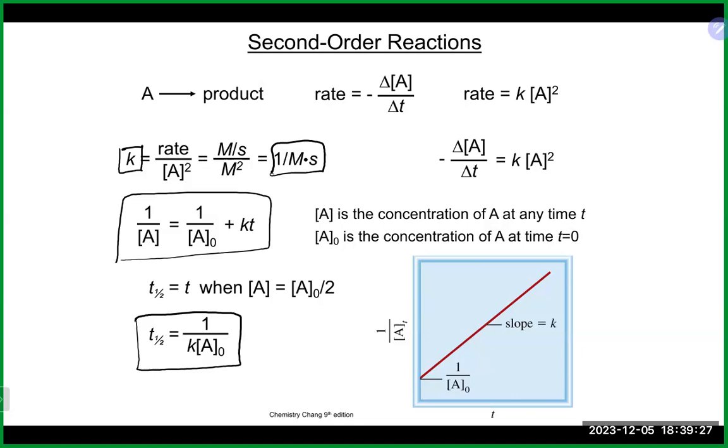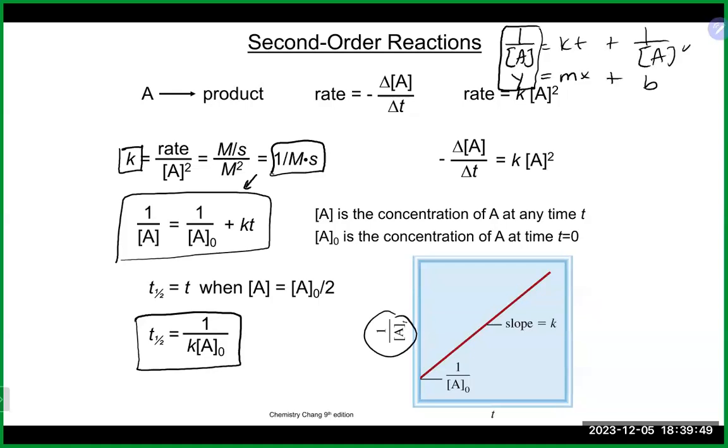Just like the other one, we could rearrange this equation in the form of a straight line, which would give you 1 over A is equal to kt plus 1 over A naught. And that's your y equals mx plus b. As you can see on the graph on the bottom, what we graph on the y is 1 over the concentration, and on the x, we graph time.